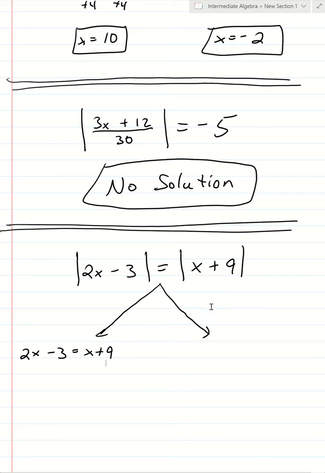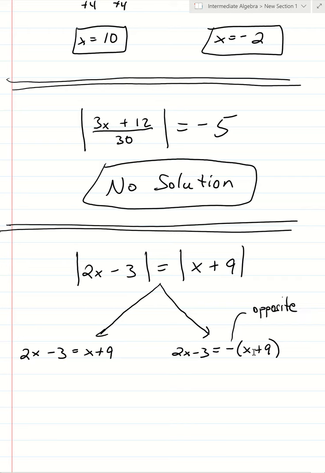So that second relationship is still going to be a 2x minus 3, except now it's going to equal the opposite, notice my parentheses, of x plus 9. So I take the first algebraic expression and I set it equal to the opposite, because remember that negative sign means the opposite of that second algebraic expression.